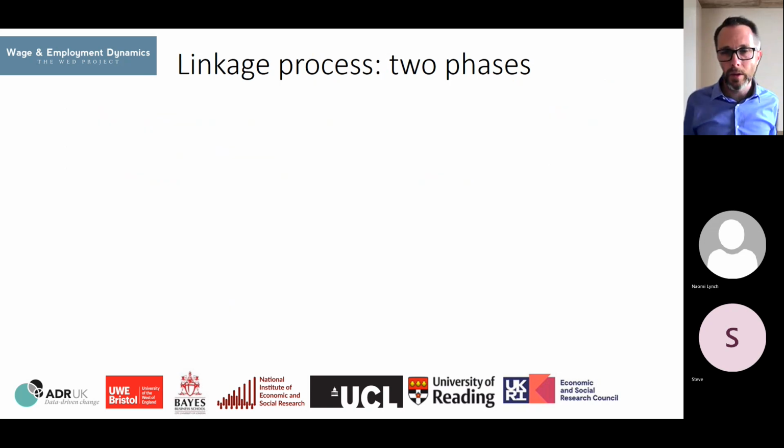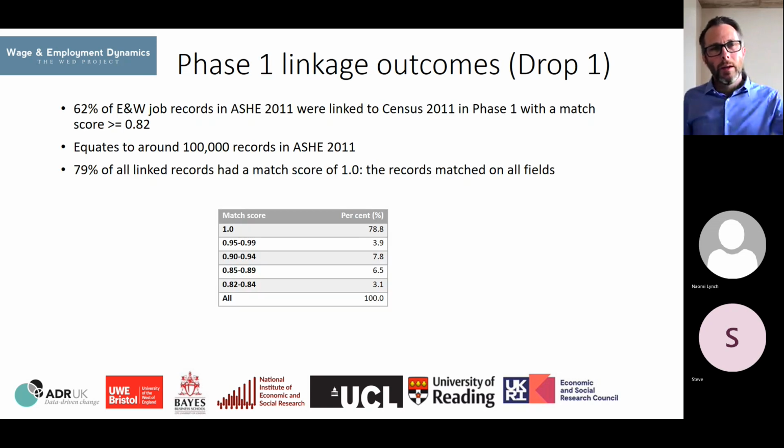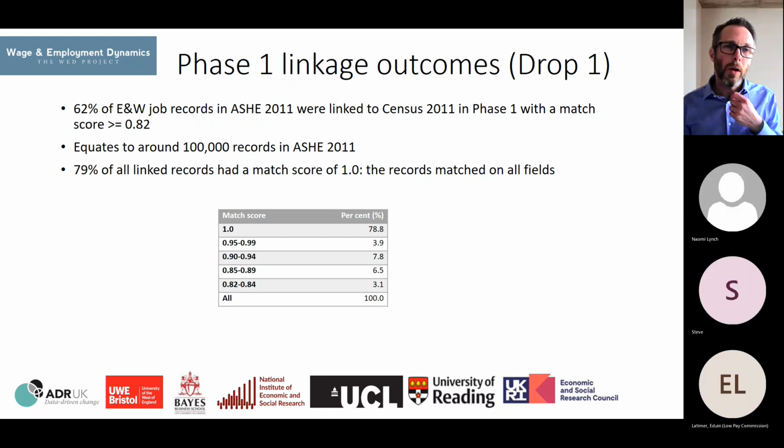I said there were two phases of the linkage process, so now let me explain what ONS have been doing since the autumn and what has led to drop two. One of the reasons why this linkage rate here of 62% was not higher is that quite a lot of the records in ASHE don't actually have their name recorded.